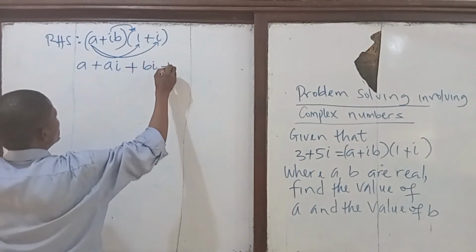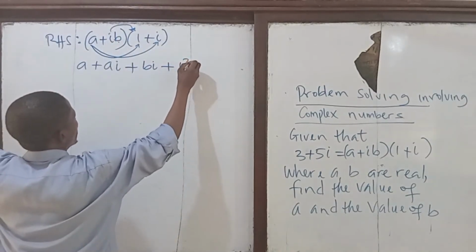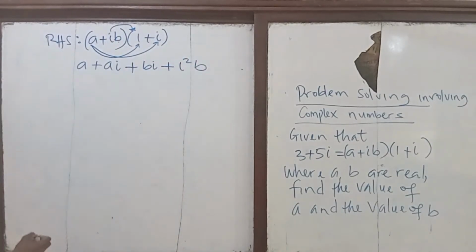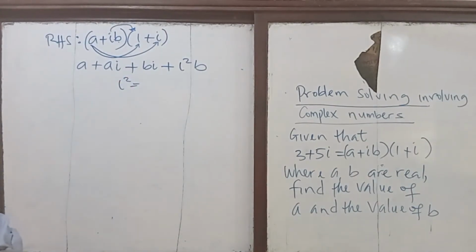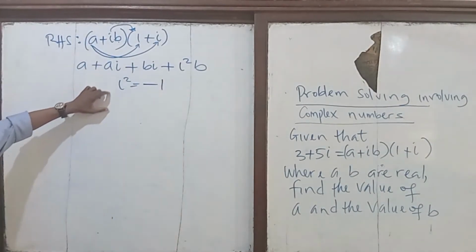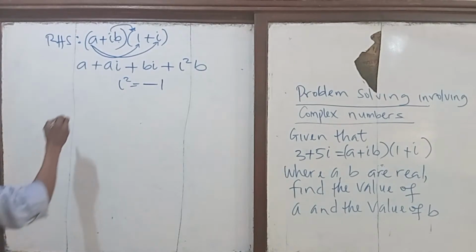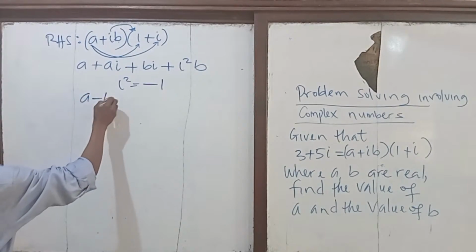And finally, ib times i gives us i squared times b. Note that i squared is minus 1, and that will be equal to a minus b.